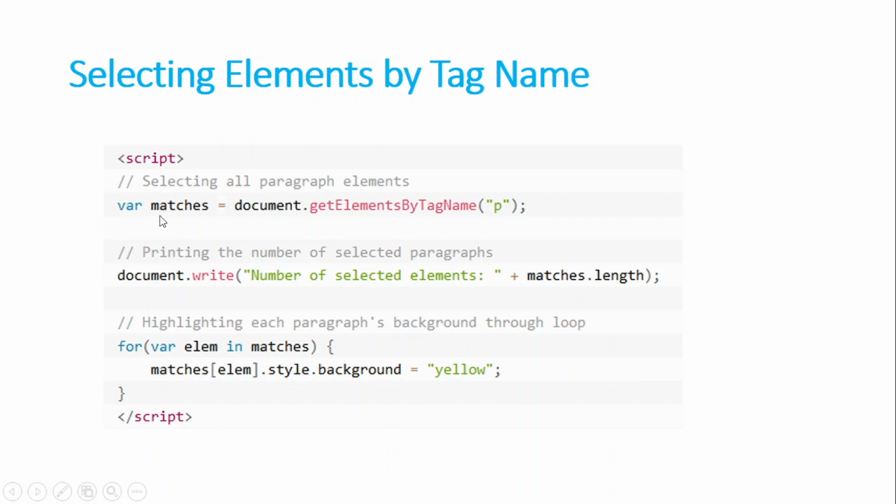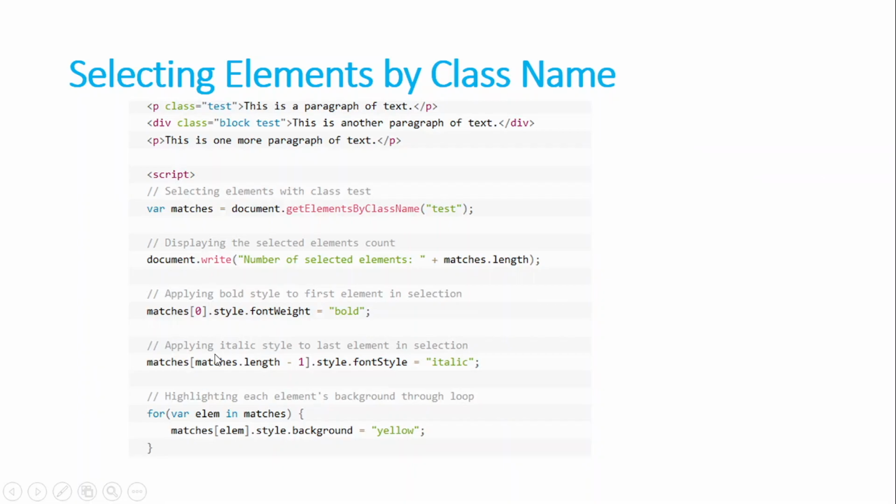an array. Now if I just count the length, it will be the total number of p tags presented in our body. Now we can similarly style it as well, because it is also an array of elements, just like we did for the class, just like we did here.